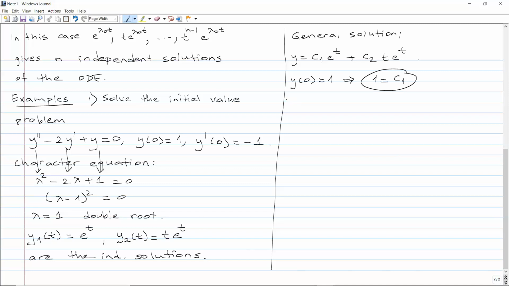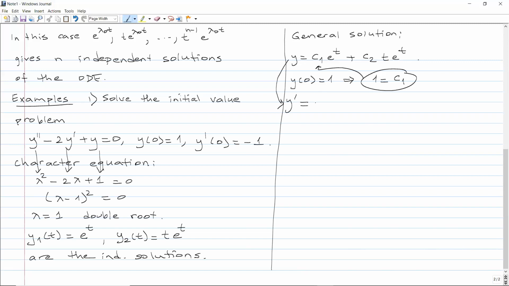Now, to use the second initial condition, first we need to find the derivative of y. We find the derivative, of course, from the general form of the solution. We already know that C1 is 1, so we have just e to the t.